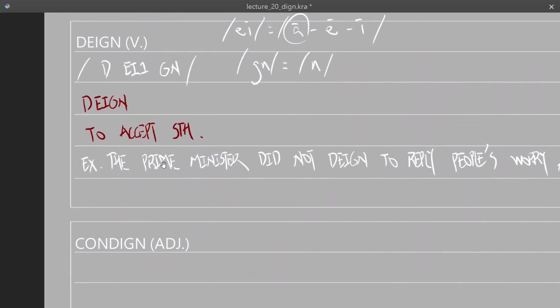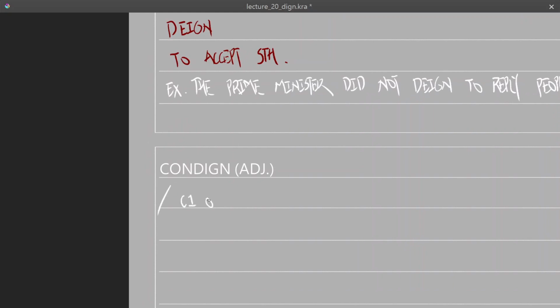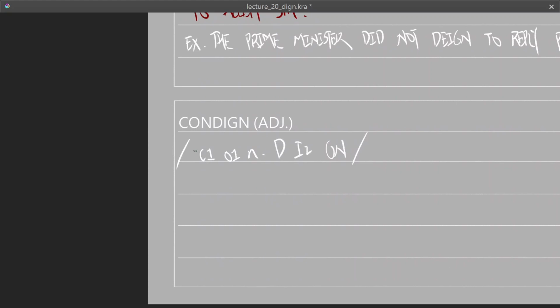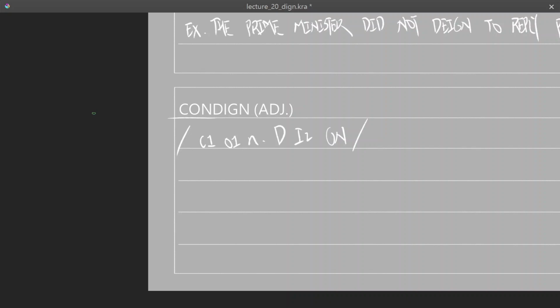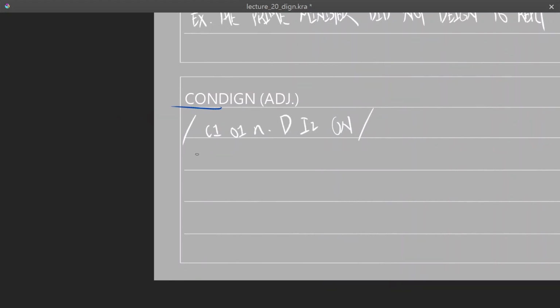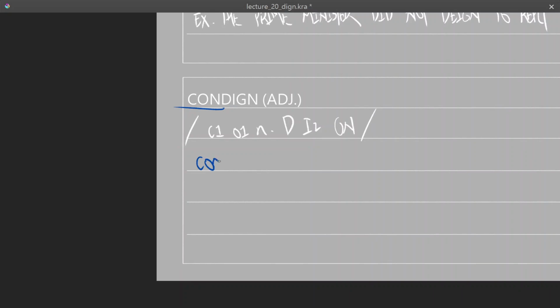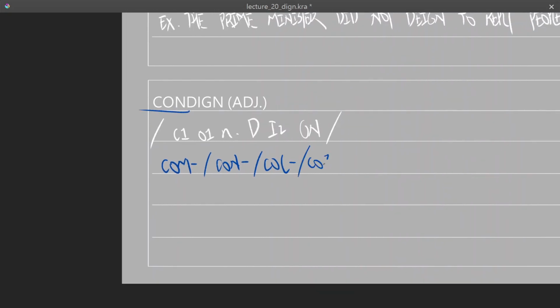Alright, next word we have condign. Condign. And again, we have the prefix con. The prefix con is a variant of com, so we have C-O-M, C-O-N, C-O-L, C-O-R.